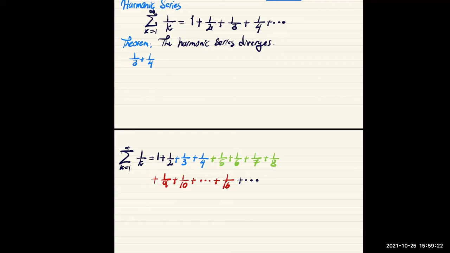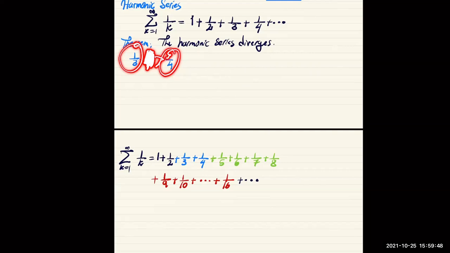Here I can say 1/3 is greater than 1/4. Just ignore 1/4 for a little bit, guys. We know that 1/3 is larger than 1/4 because the denominator of 1/3 is smaller.